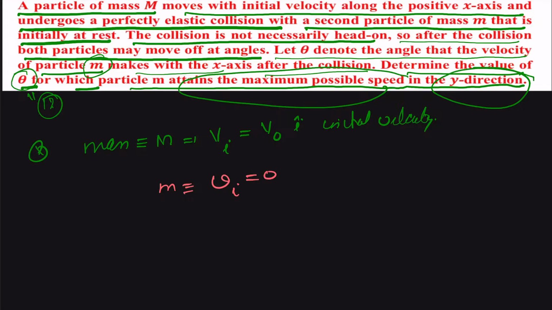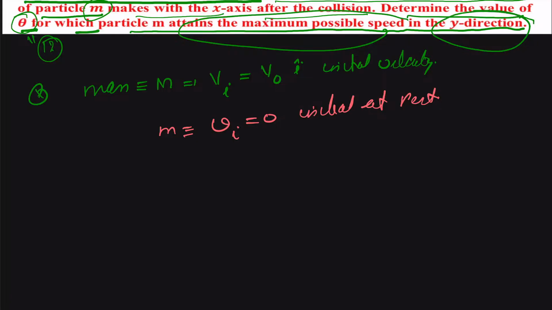So it is initially at rest. And after collision, let us assume that our mass capital M has a velocity of vf, and mass small m has a small vf.